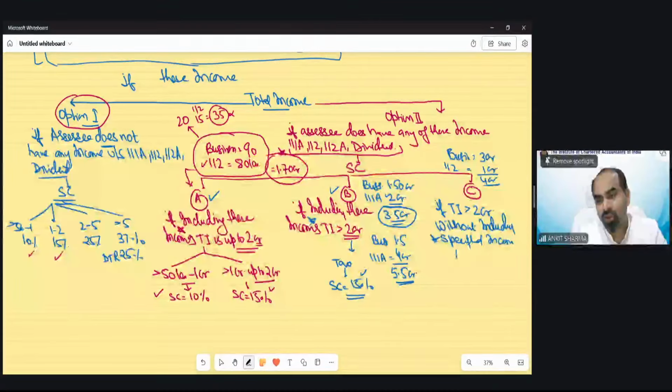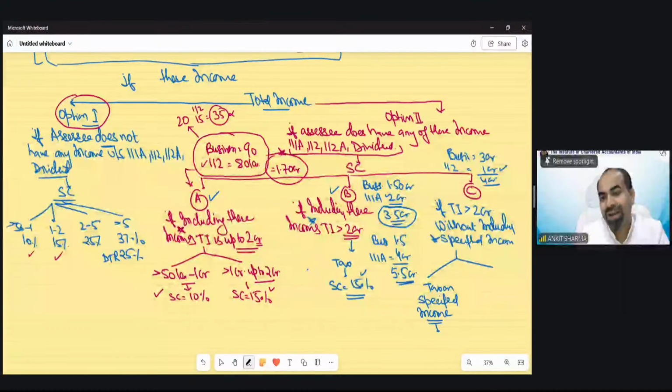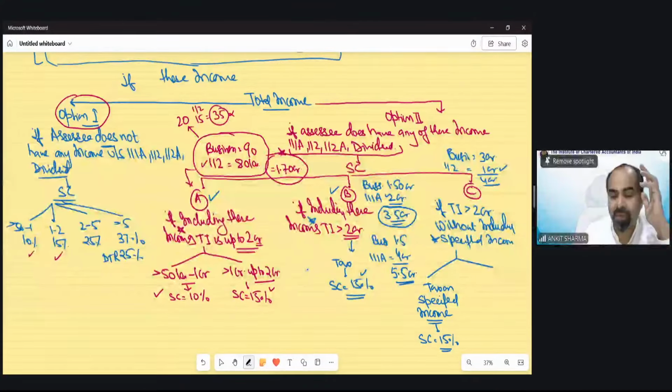In this situation, things will change. Whatever would be the tax on specified income of 1 crore, on that tax, the surcharge rate would be 15%. Whatever would be the specified income, we have to calculate tax on those incomes separately, and the surcharge rate of 15% needs to be applicable.